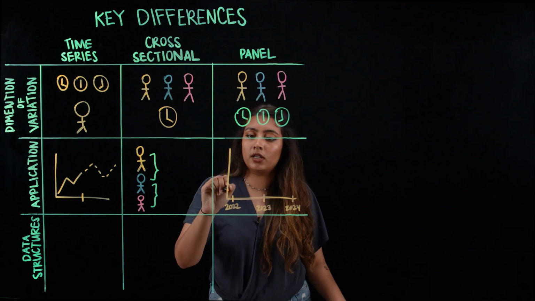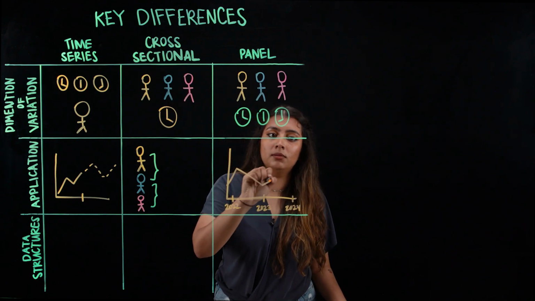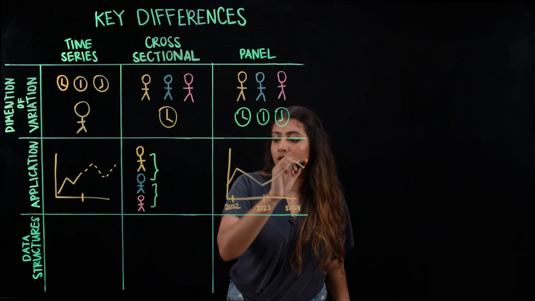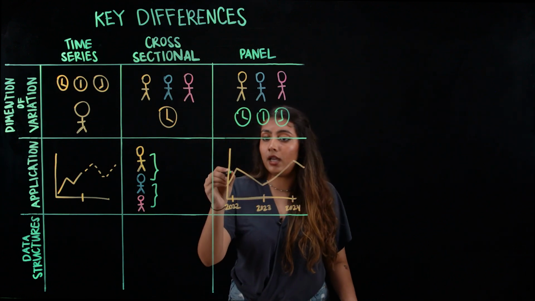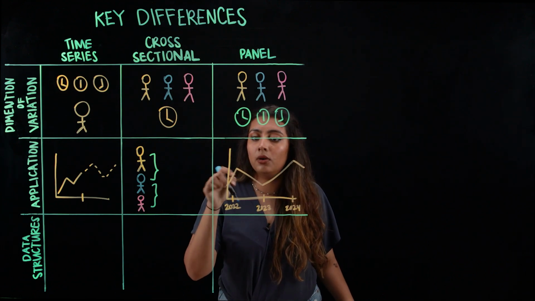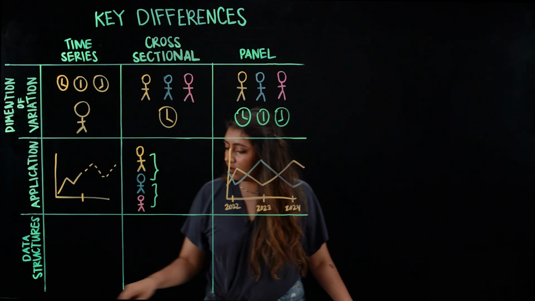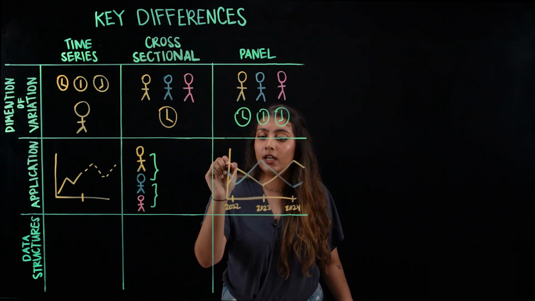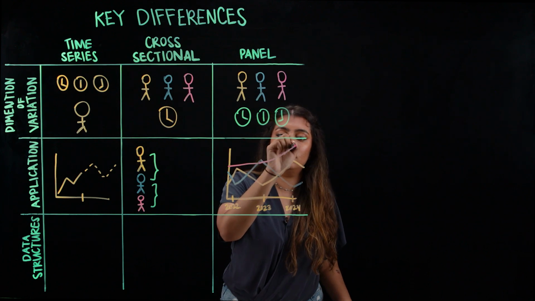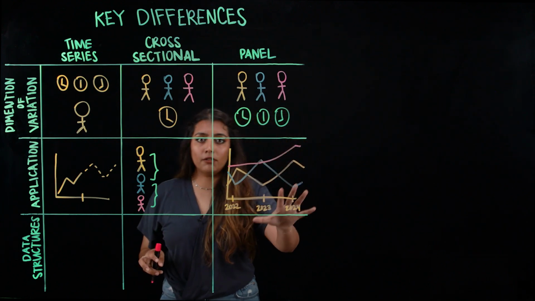And we can look at Joe's income at those points. We can look at Bob's income, Joe's income, right? And then we can also look at Liz's income at those different time frames.